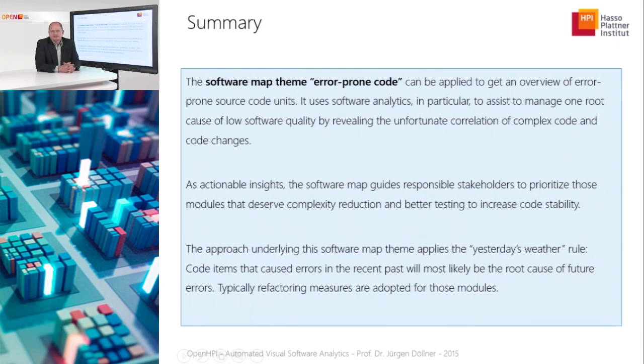Typically, refactoring measures are adopted for those modules. Of course, there are many activities we can opt for, we can adopt, in order to make the stability higher of the source code modules that have been identified as modules that are most likely to be error-prone.